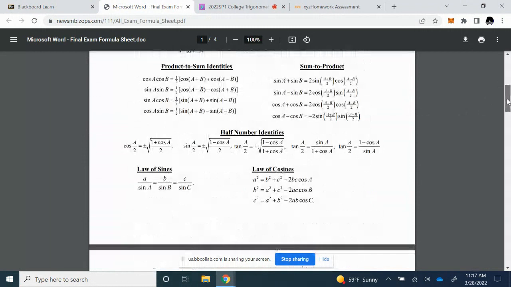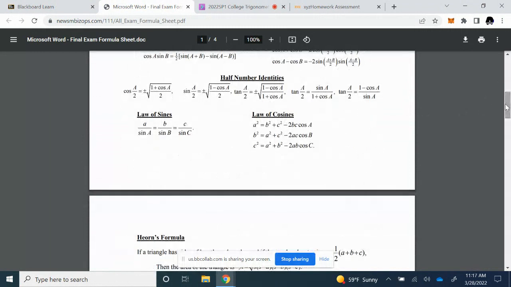On the first page at the very bottom, the last time we met, we talked about the law of sines and the four cases, the data required to use the law of sines. Today, we're going to talk about the law of cosines.